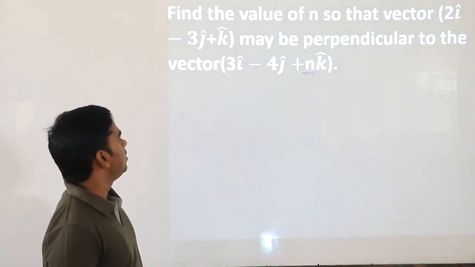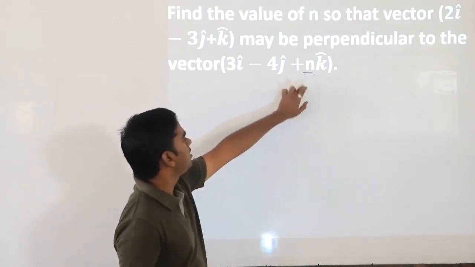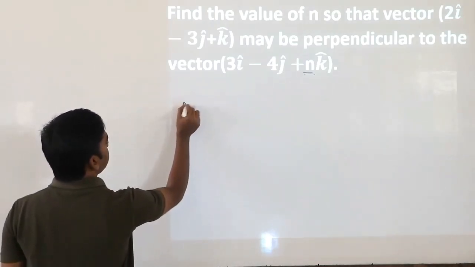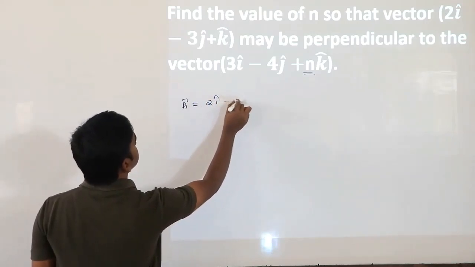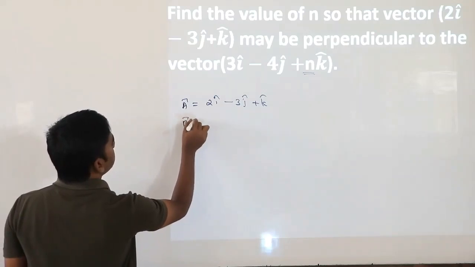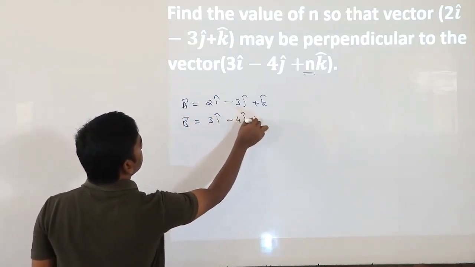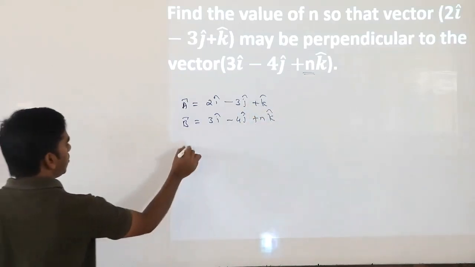When you make the dot product equal to 0, you can get the value of n. So let me check that. Vector A is 2 I cap minus 3 j cap plus k cap. Vector B is 3 I cap minus 4 j cap plus n k cap. So what we have to prove?